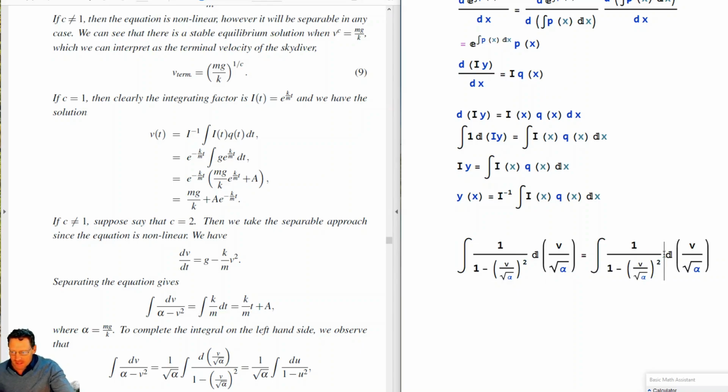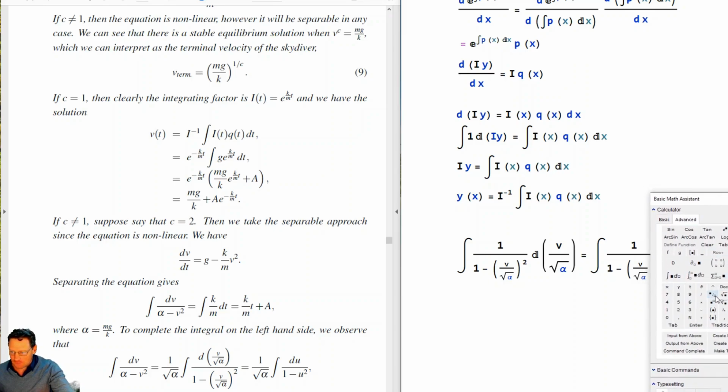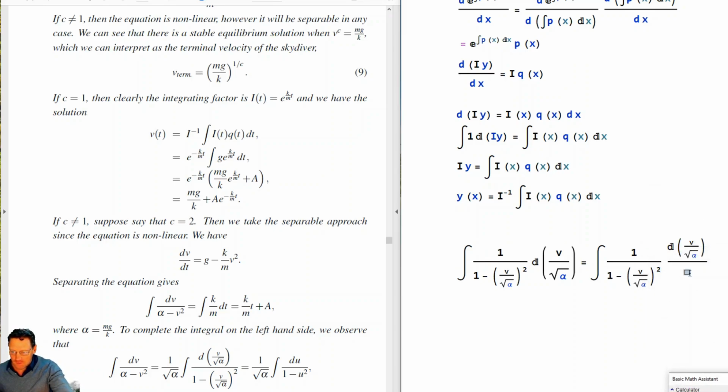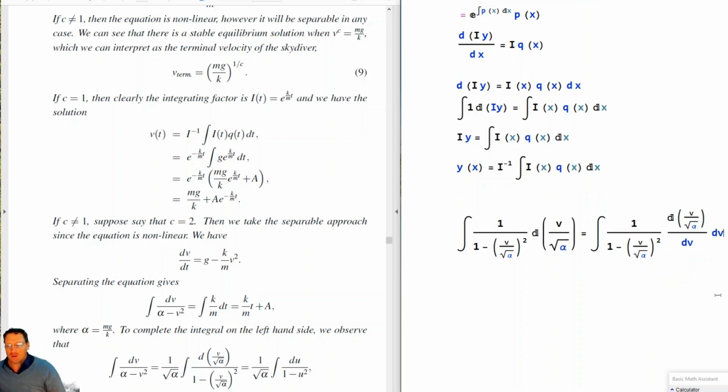Okay, so I will introduce a dv here, which is just substitution. Okay, and now I have a derivative to evaluate, right? So this is saying what is the derivative of v over square root of alpha with respect to v.